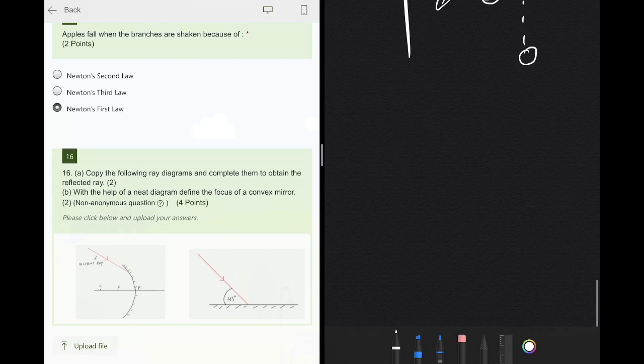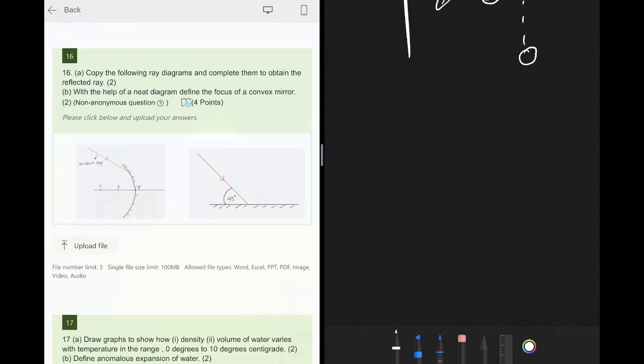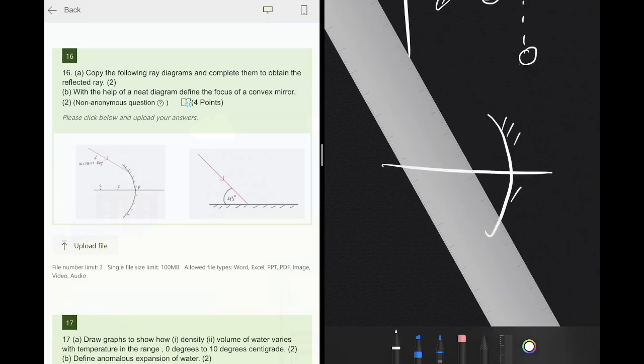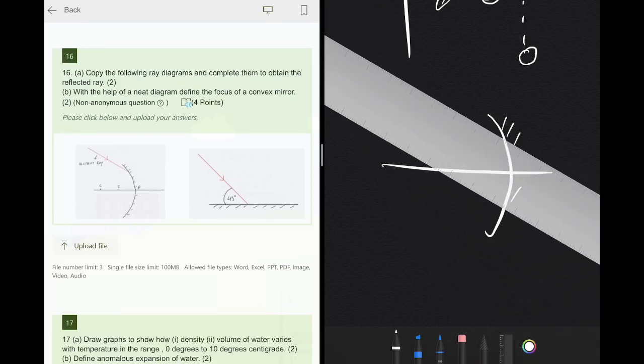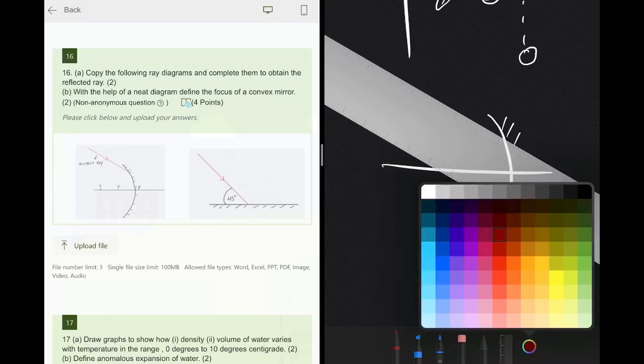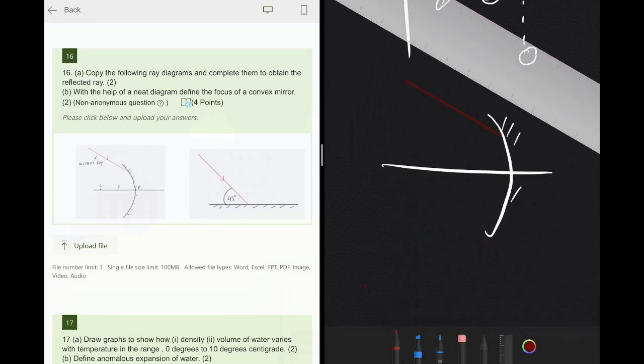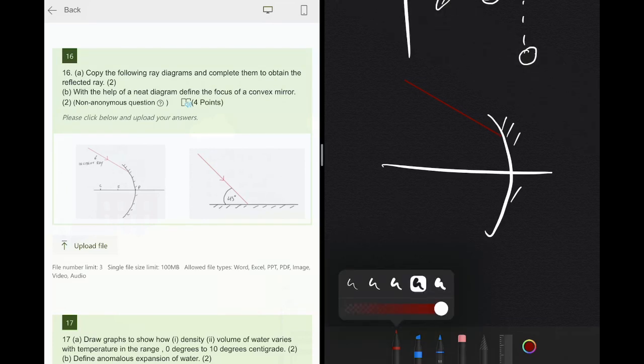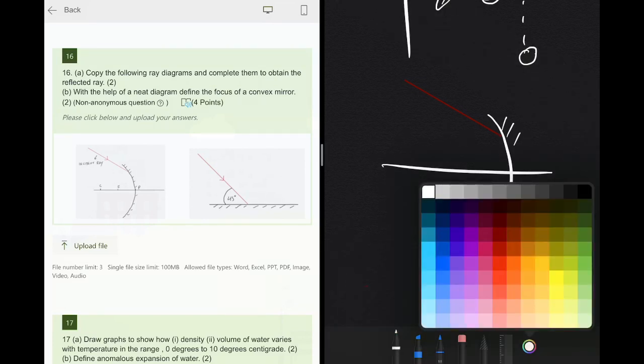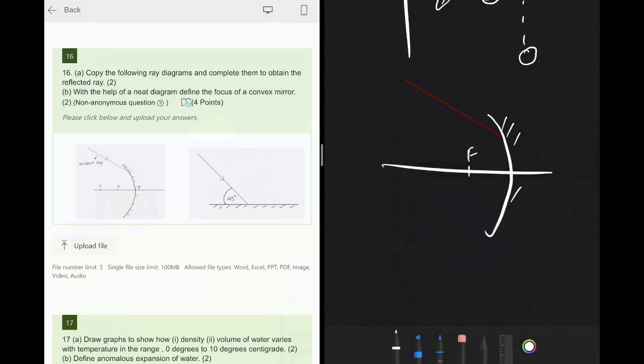Now we have the following diagram. So if you look at the diagram, we have an incident ray given like this. So this is your incident ray. Now we note here that F and C are given here. So in order for us to get the reflected ray, we need to get the normal first.